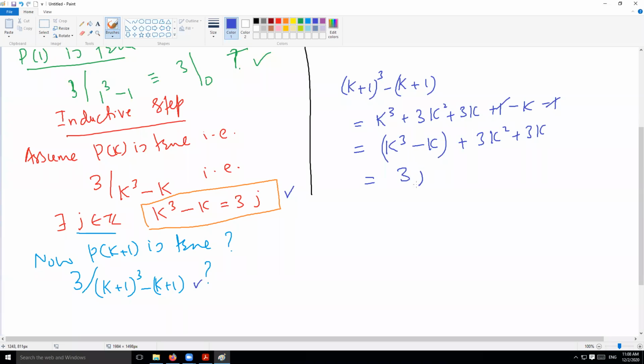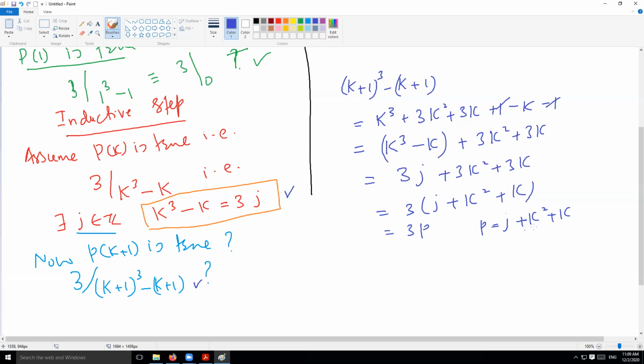So let's put 3j plus 3k square plus 3k. And now what can I do? I can pull out this 3 outside: 3 times (j plus k square plus k). Let's give this entire thing a name, say 3p, where p is j plus k square plus k.